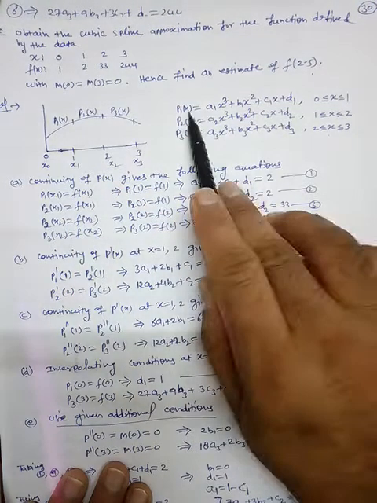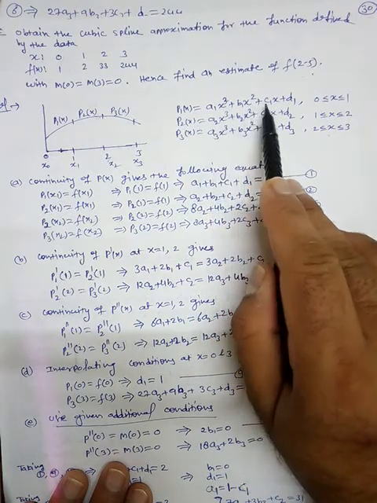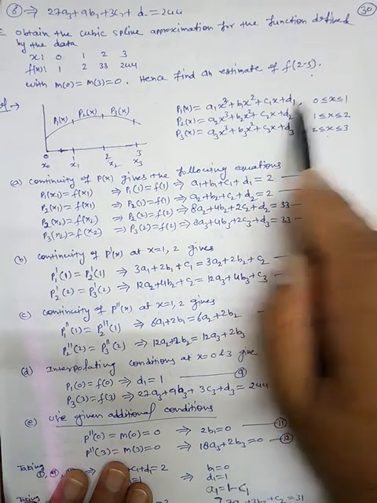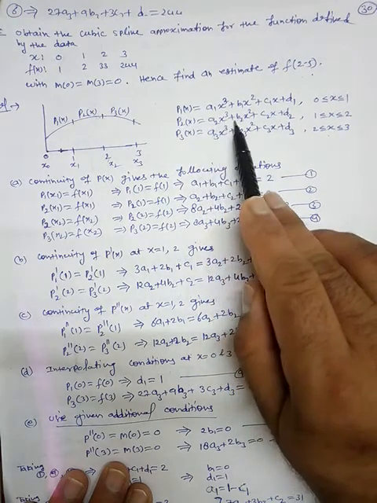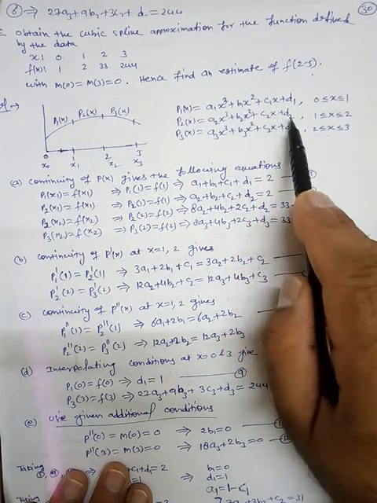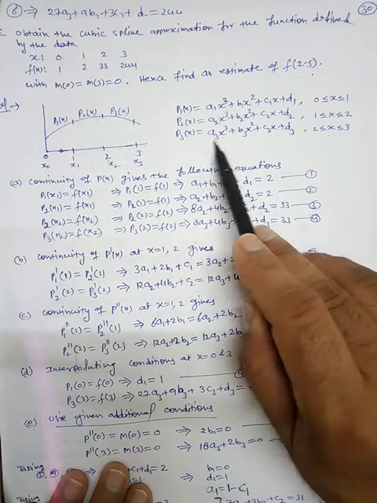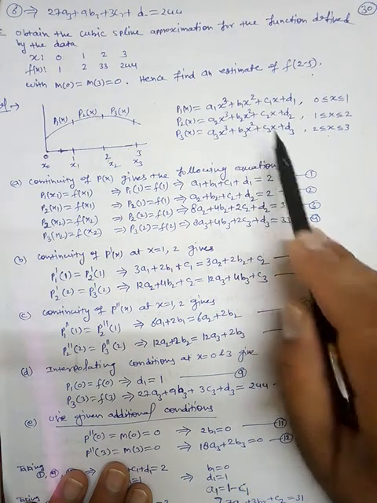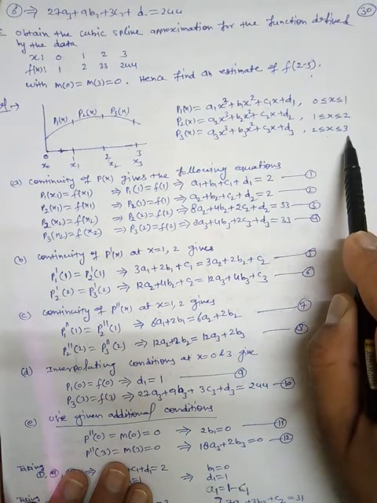P1(x) is a1x³ + b1x² + c1x + d1 in the interval 0 to 1. Similarly, P2(x) is a2x³ + b2x² + c2x + d2 in the interval 1 to 2. Then P3(x) is a3x³ + b3x² + c3x + d3 in the interval 2 to 3.